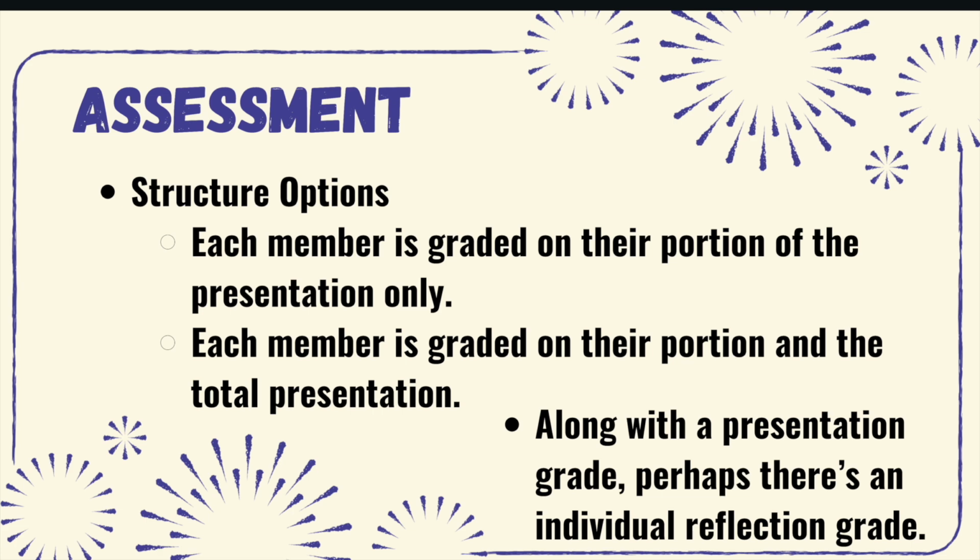So it might be, okay, 80% comes from the presentation, 20% comes from reflecting on the experience. Or maybe it's even shorter. So maybe it's 70% comes from your individual portion of it, 20% comes from the group portion, 10% comes from the individual reflection. So that's options as well for the assessment.